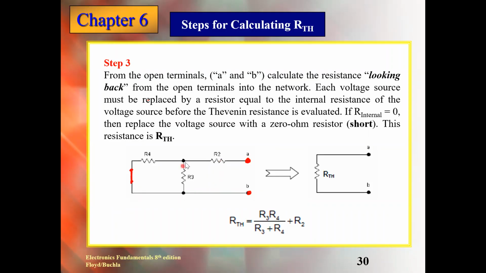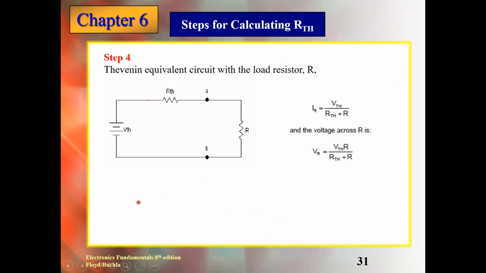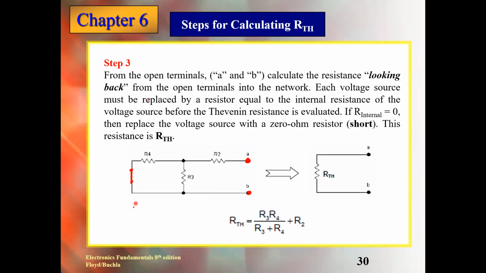Can you check? This R4 and R3 are in parallel now, because they are connected with one end common and another end common. Am I right? Yes. So this way you can replace two resistances with a single resistance.